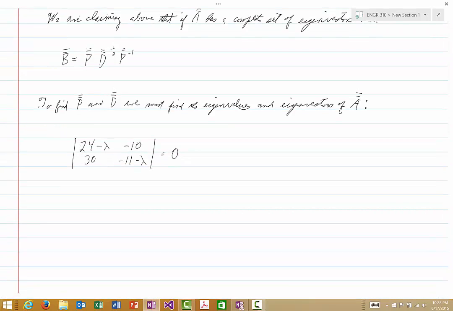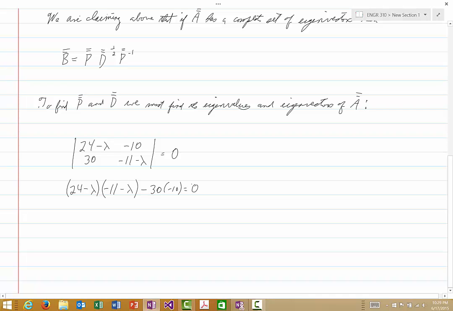And so this gives us 24 minus lambda times negative 11 minus lambda minus 30 times negative 10 is equal to 0.